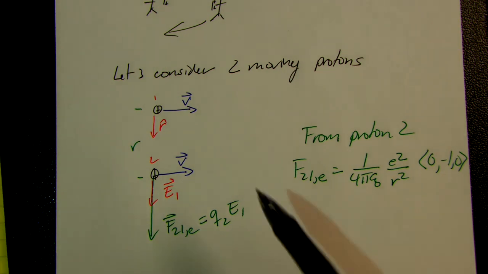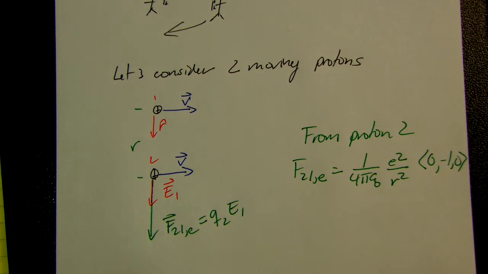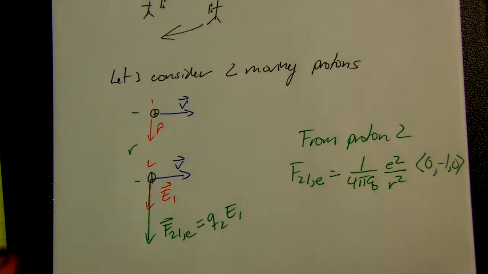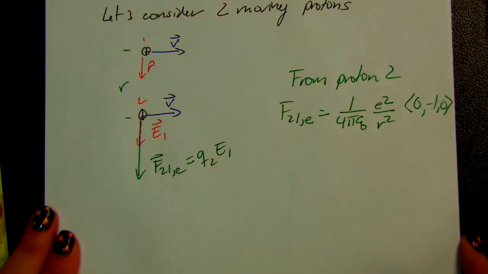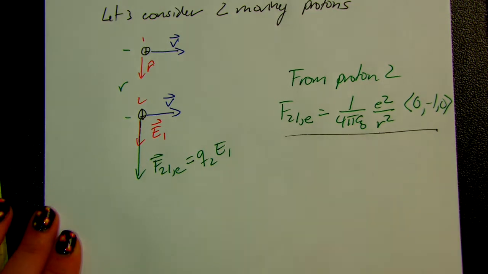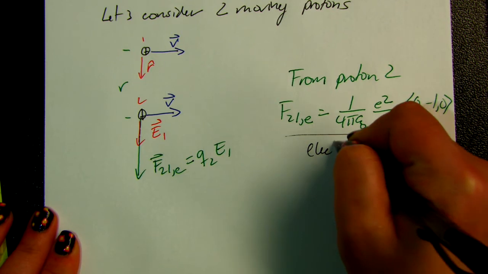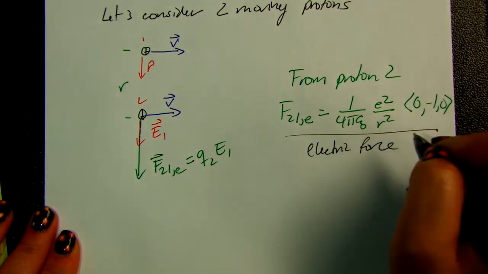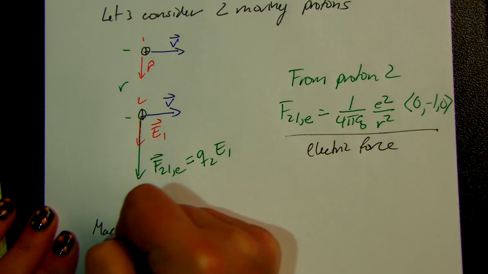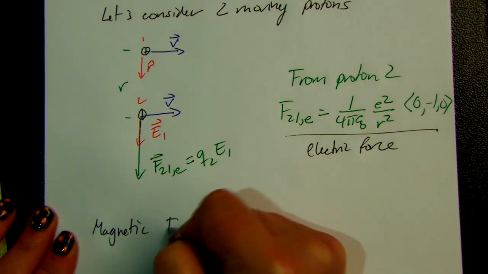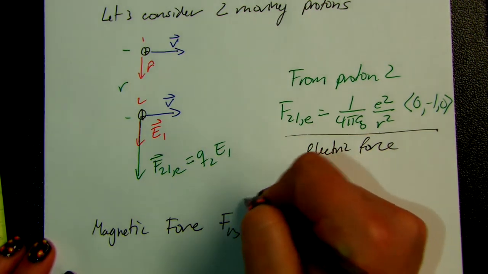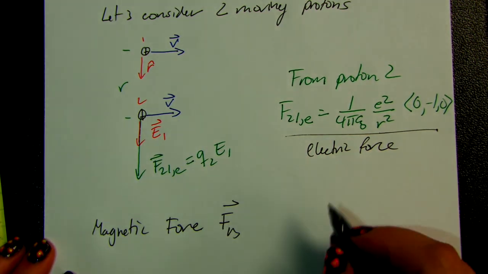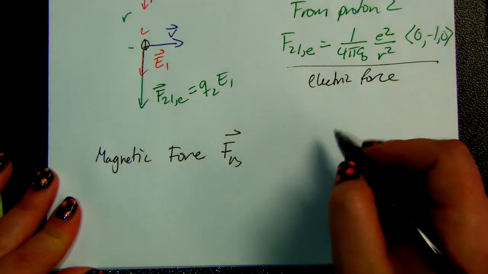Just by the way, the force actually is a little bit different as these particles are moving, but we're going to just use a standard assumption. Okay, so we have an expression for our electric force right here. And now we want to look at our magnetic force, or F sub B. For this, there's something that we need that we don't have.